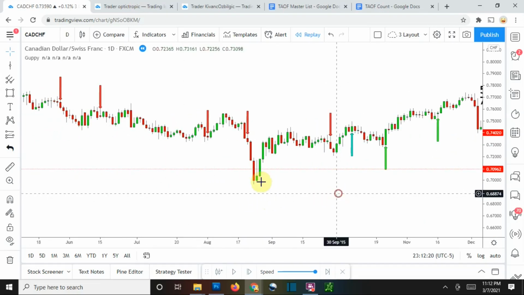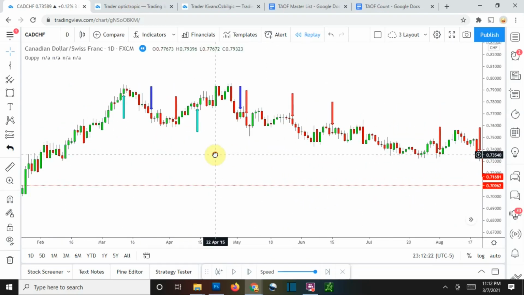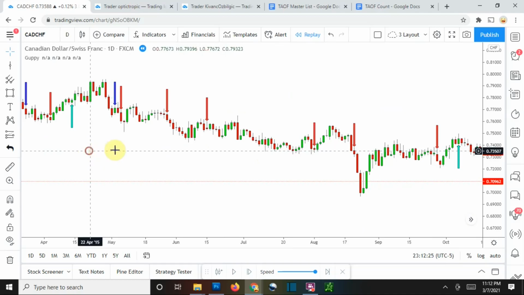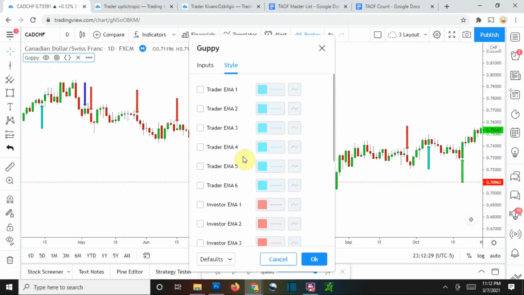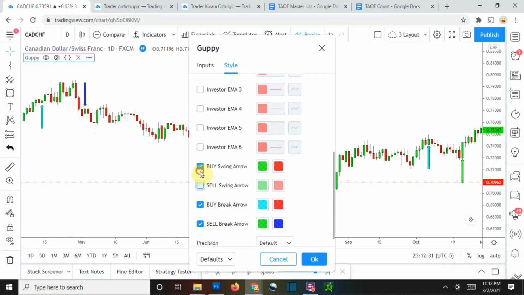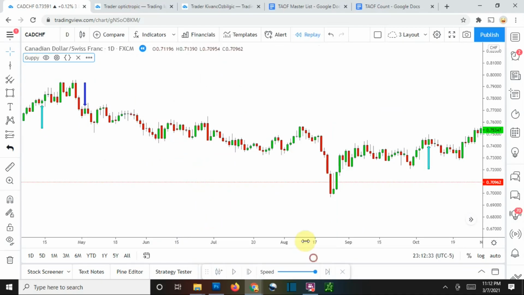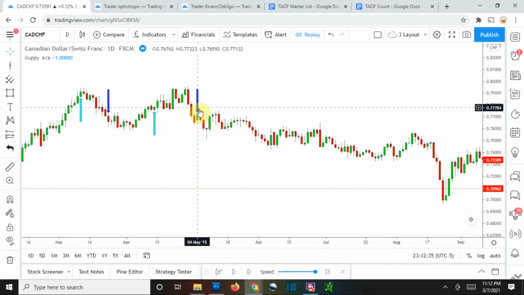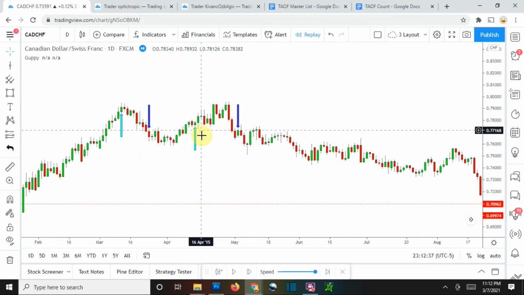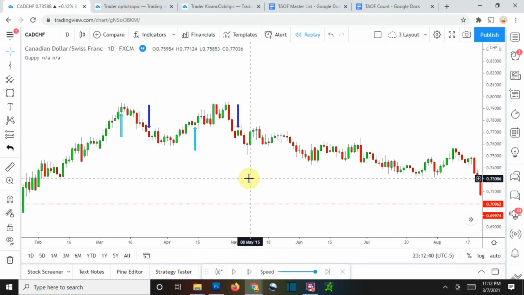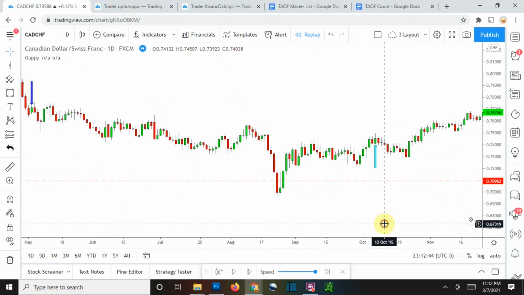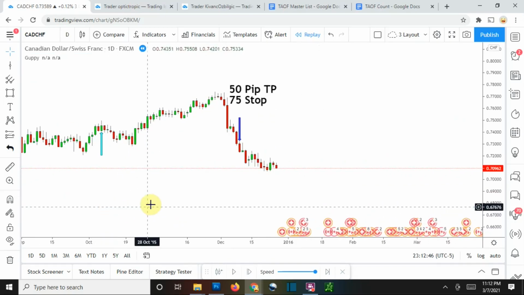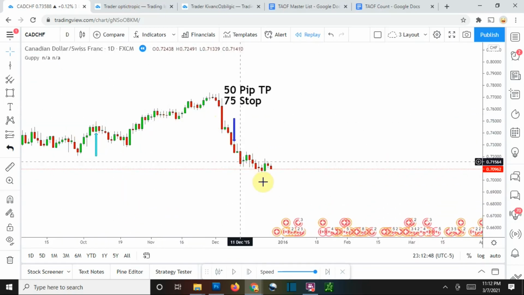We'll see how it goes on the first test, and then we could test it the other way with all the arrows maybe. But the first thing I'm going to do is test it where it only displays the blue arrows and these light blue arrows here, so dark blue and light blue arrows. I feel like those are going to give us better entry points than all those other arrows that we're displaying on screen.